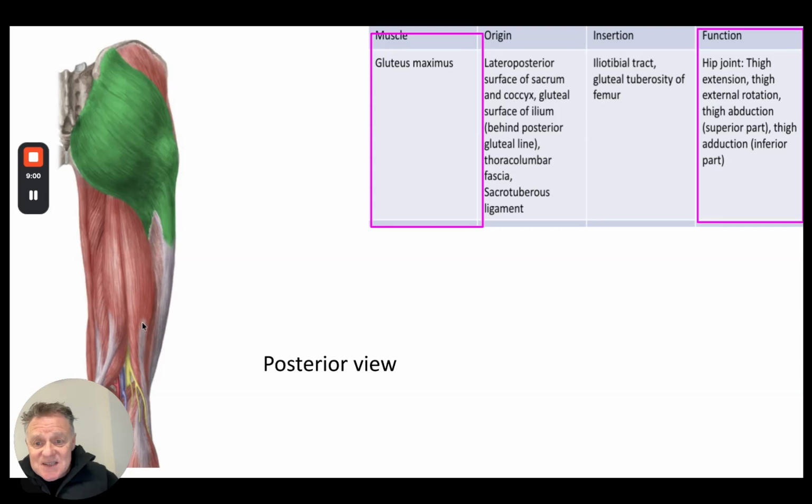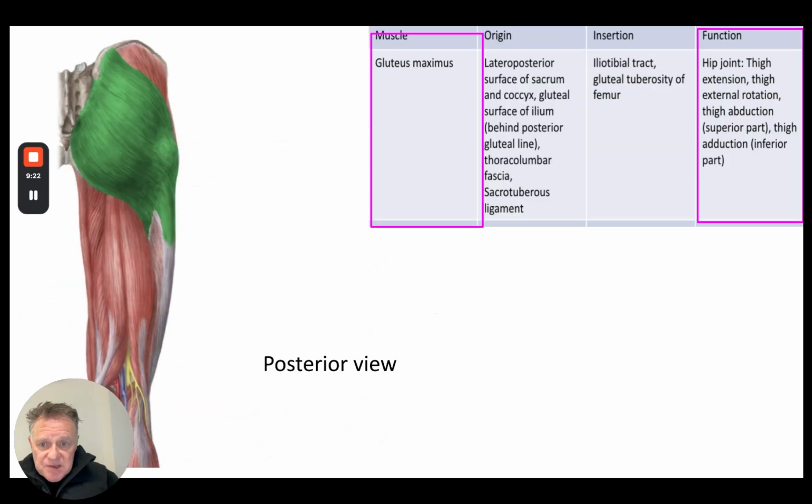So it will extend the thigh and externally rotate the thigh as well. It will also abduct the thigh, and the inferior portion, lower down, will actually adduct the thigh.